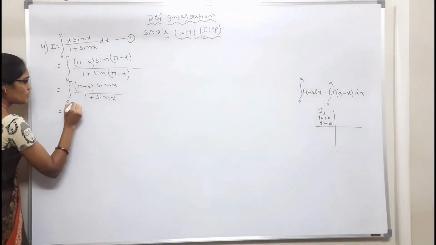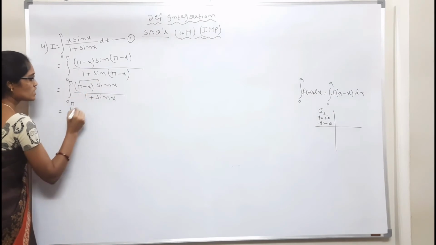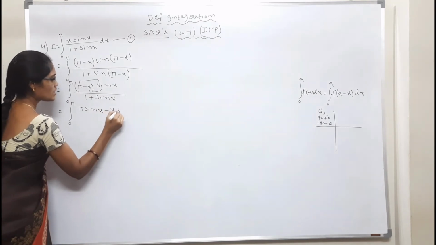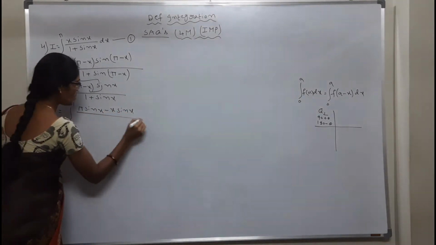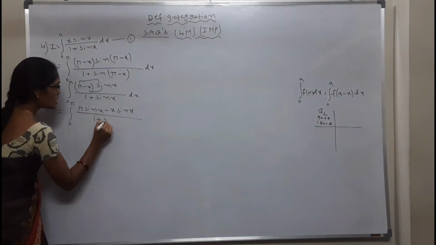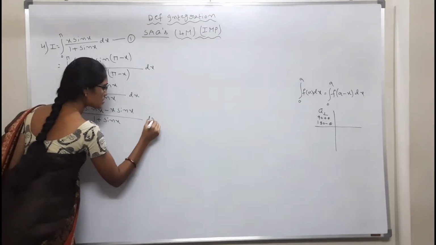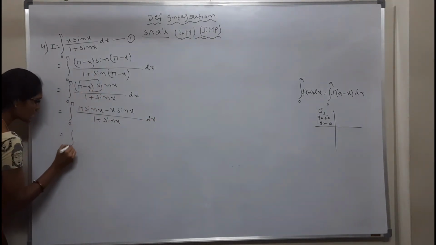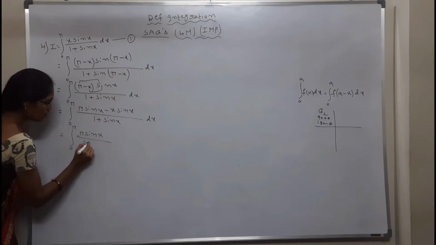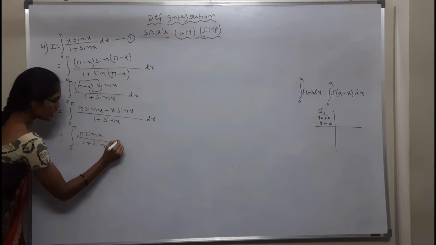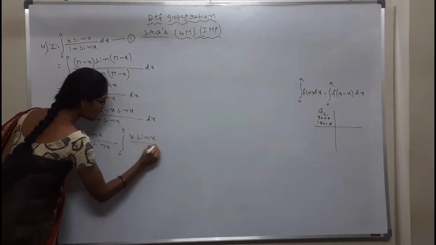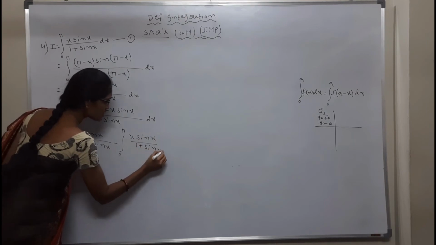Integral 0 to pi, again multiplication with sin x: pi into sin x, pi sin x minus x into sin x, minus x sin x by 1 plus sin x dx. That is equal to, again separating with the denominator, pi sin x by 1 plus sin x minus integral 0 to pi x sin x by 1 plus sin x dx.